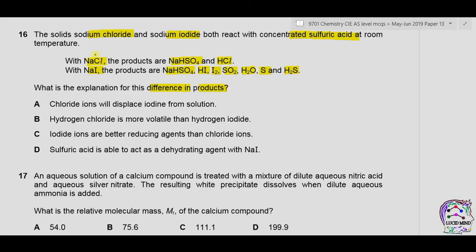As we can see that with sodium chloride, the oxidation state of chlorine is -1 in NaCl, and in the product we have HCl, the oxidation state is also -1. Now HCl is not further oxidized by sulfuric acid, while with sodium iodide we can see that the oxidation state of iodide is -1 in sodium iodide, while in iodine it is 0. So from -1 to 0 oxidation has taken place.